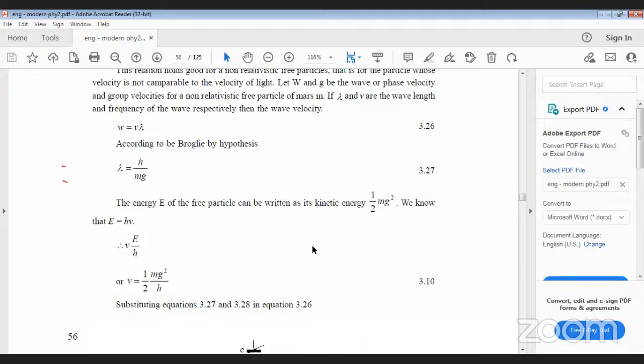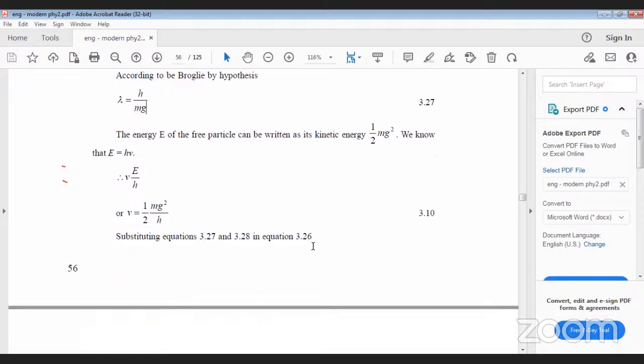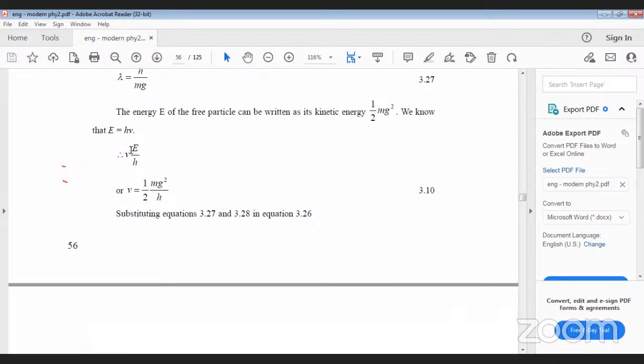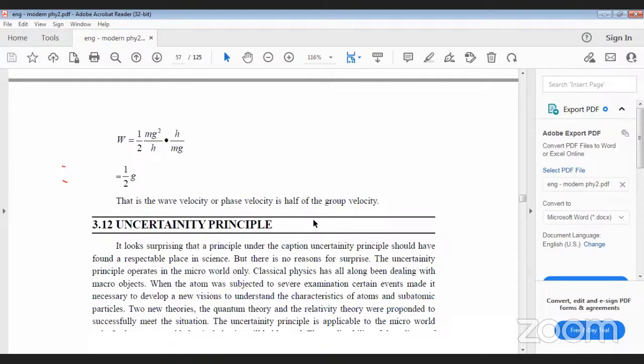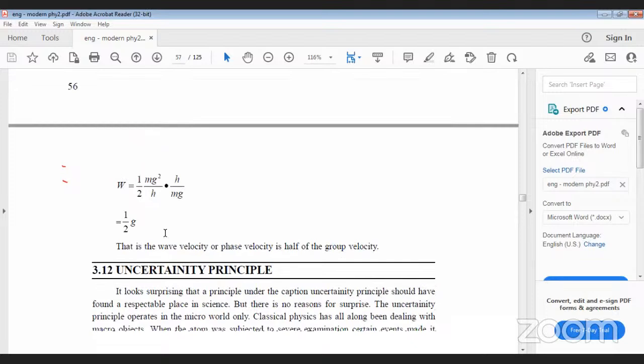According to that, nu equals E by h. There is a print mistake here; it is not nu into E by h, it is nu equals E by h. You can see so many mistakes are there. How do you identify all these? By doing the practice. So see here, W equals half G, or G by 2. That means the wave velocity or the phase velocity is half the group velocity. The wave velocity is always half the group velocity, G by 2.